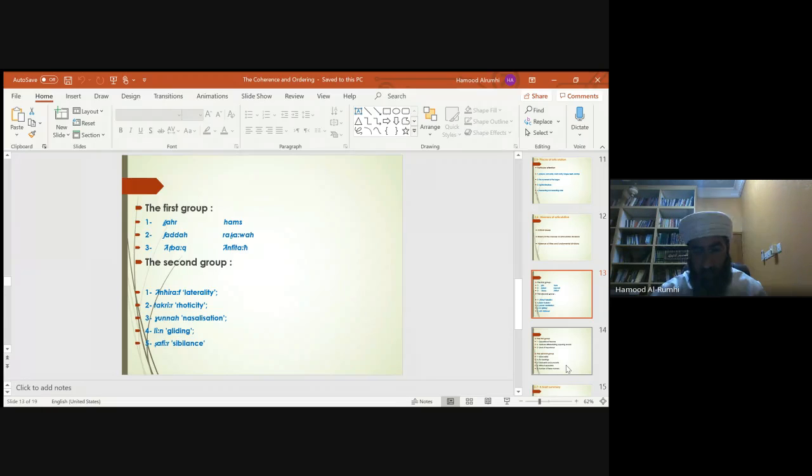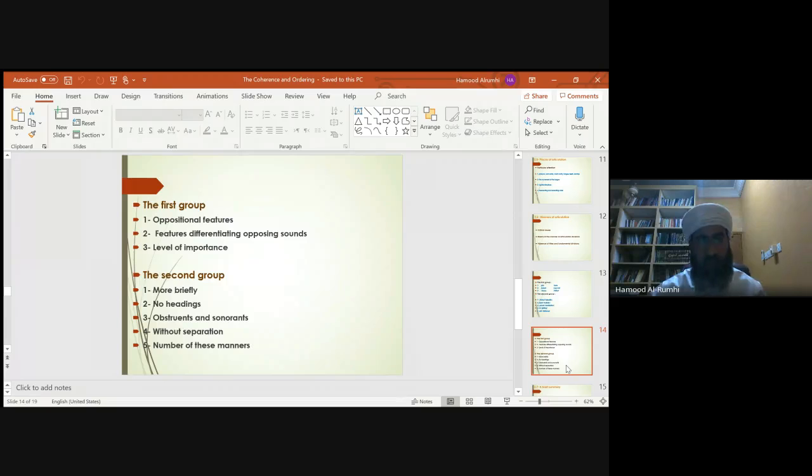Between the first group and second group, the method of presenting oppositional features in these treatises indicates that the ancient Arab grammarians saw the first group of manners as general shared features based on opposing manners. Also, for the first group, the features distinguishing between jahr and hams sounds have led to differences. The opposing features in these treatises are not all of the same type.